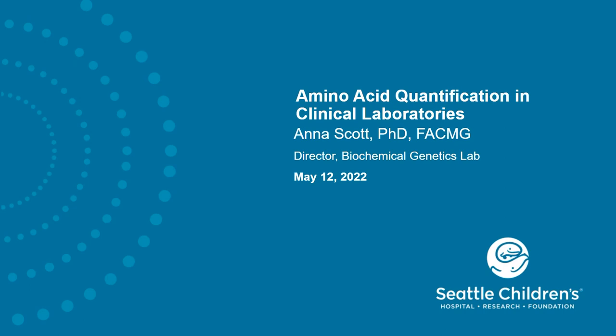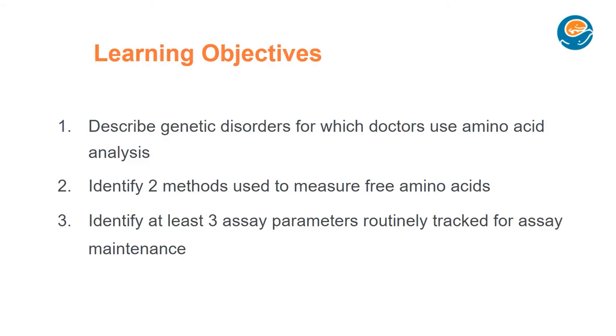So again, my name is Anna Scott. I work in the Clinical Biochemical Genetics Laboratory at Seattle Children's. From my short introduction here, I hope the audience can learn a little bit about genetic disorders and what medical doctors use amino acid quantification for.